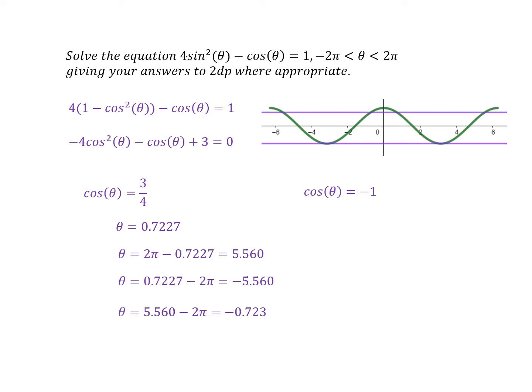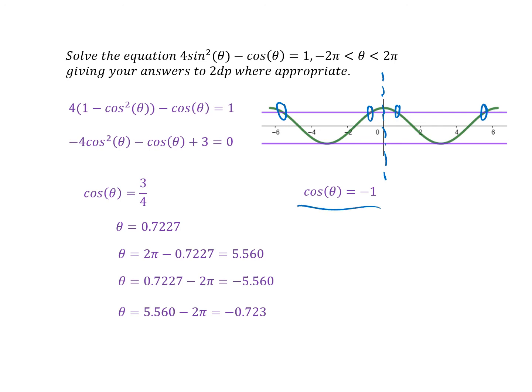Another way of doing it for cos, because cos is symmetrical about the line theta equals 0, you always get the plus and minus here. So that's another perhaps slightly quicker way of finding all of the 4 solutions.